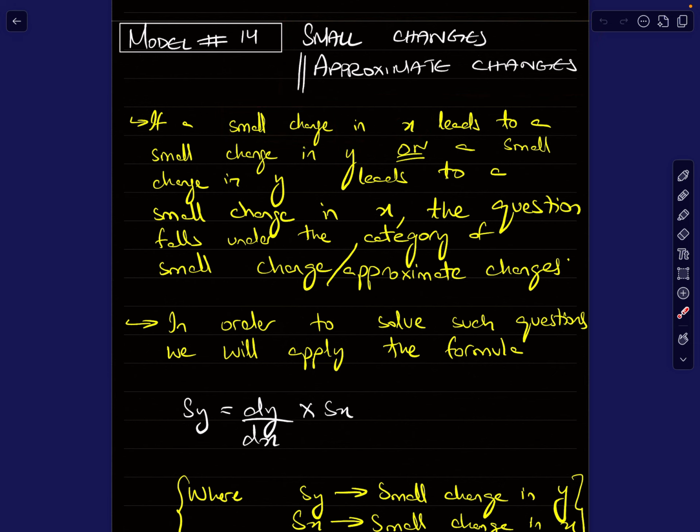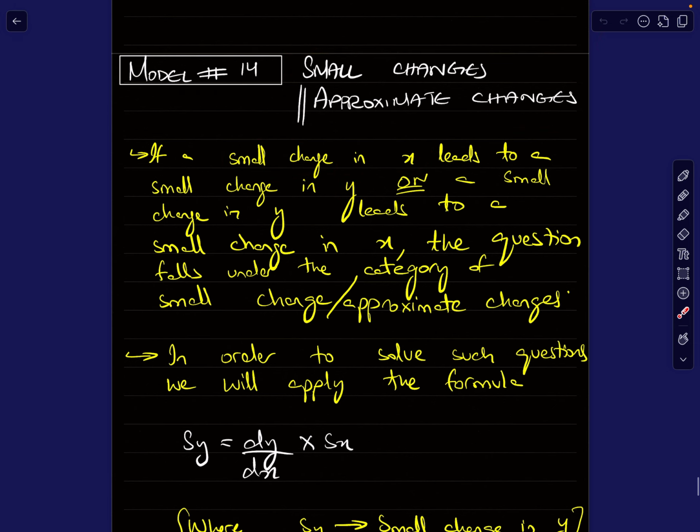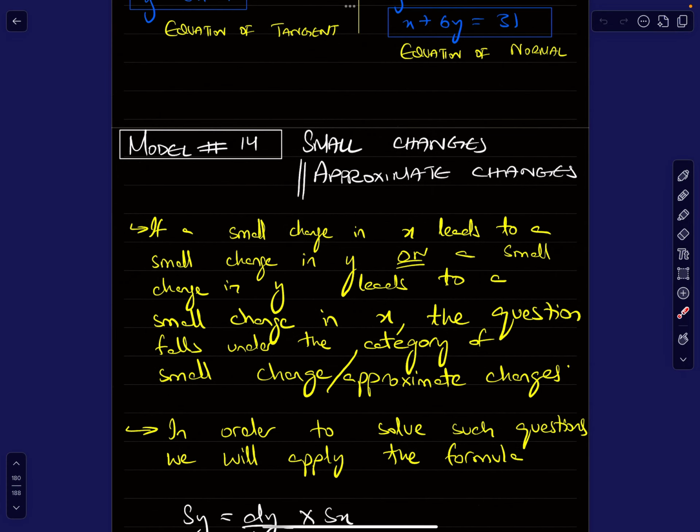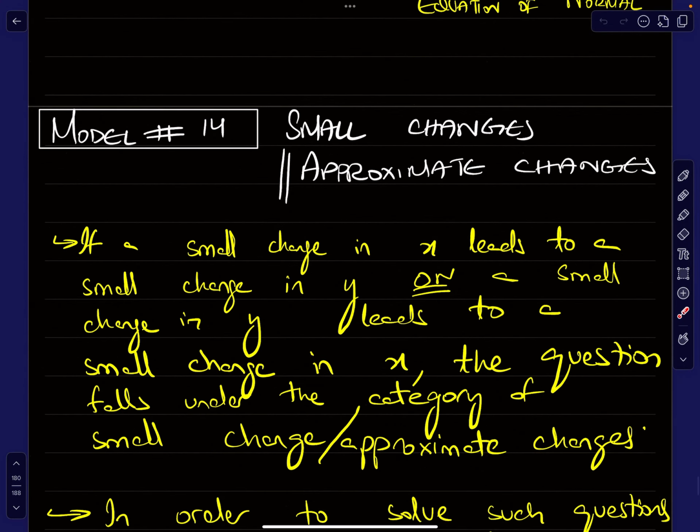So, let's say if x goes from 5 to 5.01, this is a small change, and we can be asked to calculate the small change in y when x and y are related by an equation.